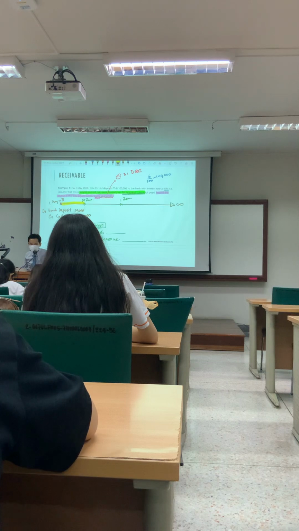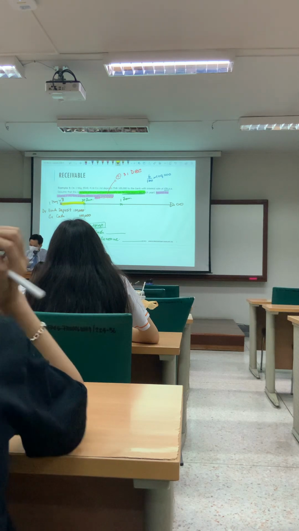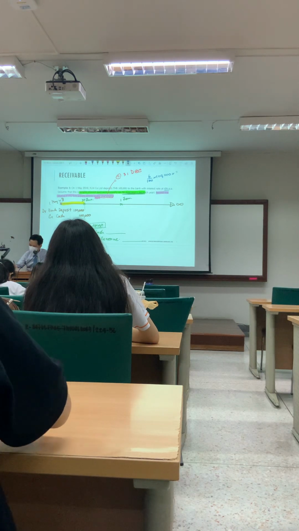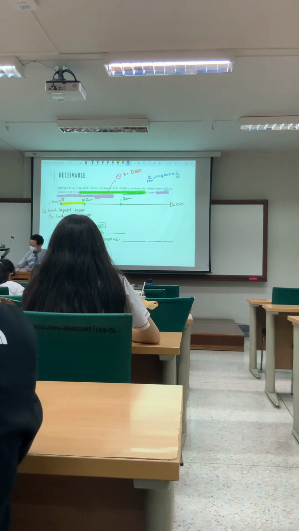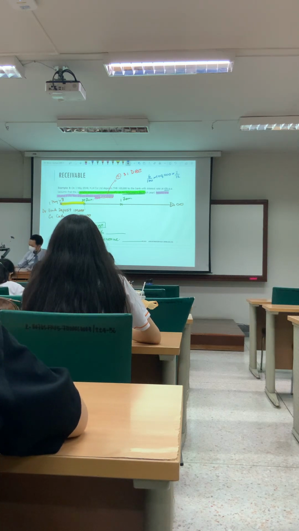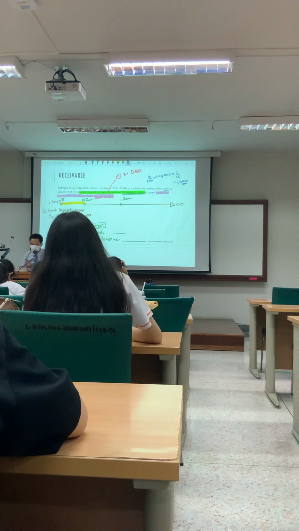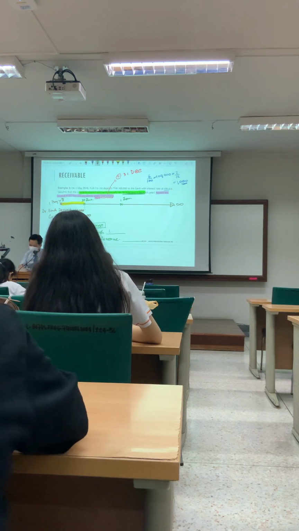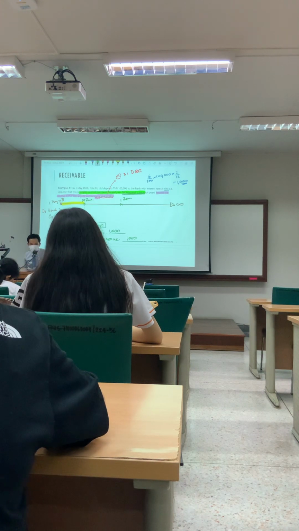How many months? 1 month or 2 months? 2 months. 2 months time will be 2 divided by 12. So this will be 1,000. Therefore, on 30th of June, you are going to receive the interest of 1,000.